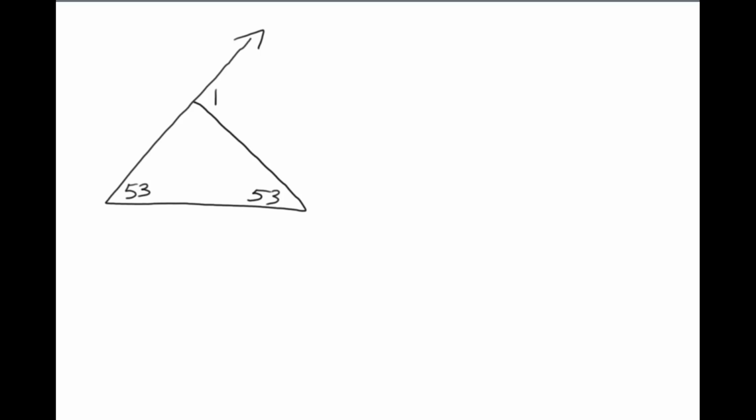All right, so we're talking about measuring an exterior angle. We said earlier that the measure of this angle here is equal to the sum of these two. In other words, the measure of angle 1 is equal to, and these two happen to be congruent, 53 plus 53.